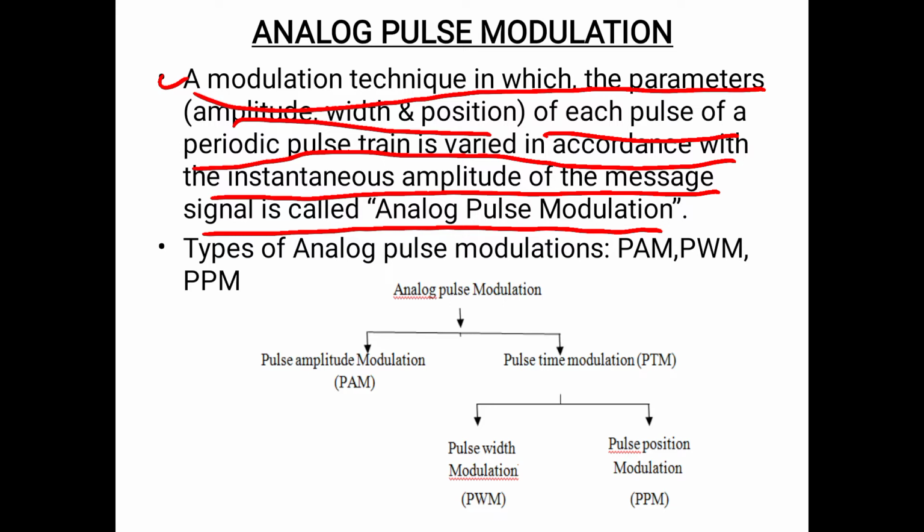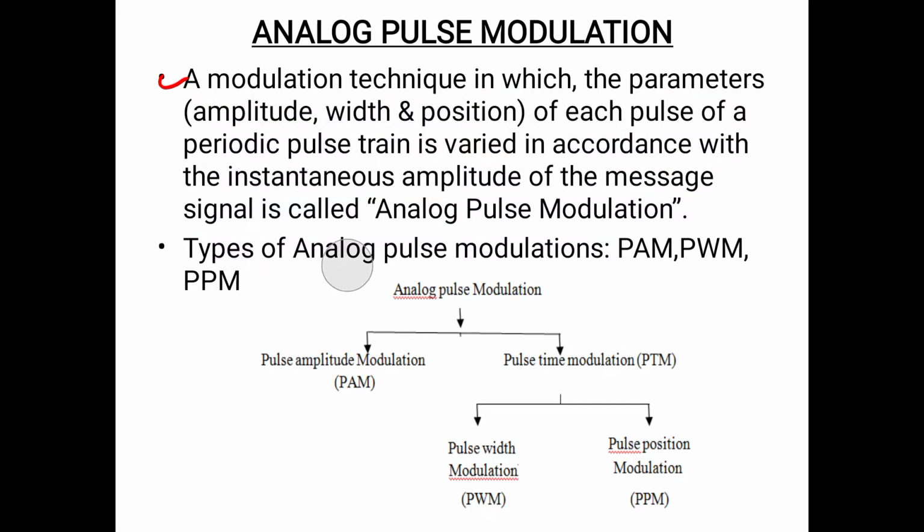The carrier changes according to the message signal. The amplitude, width and position of the carrier change according to the message signal. That is nothing but analog pulse modulation.